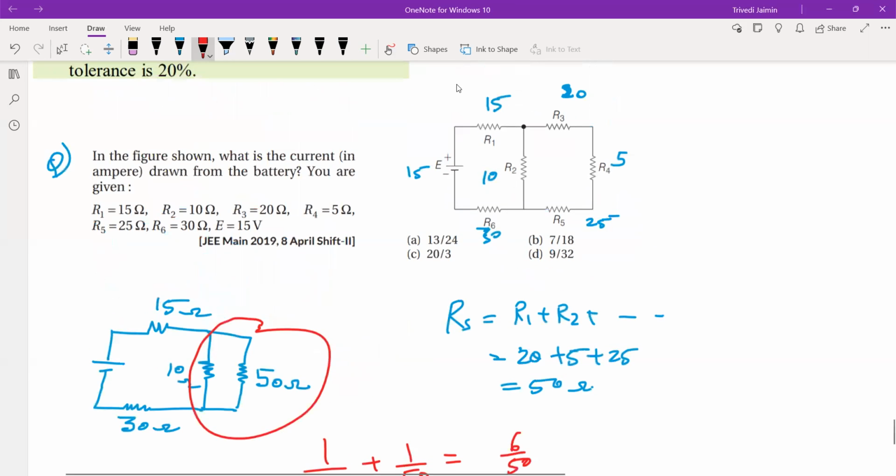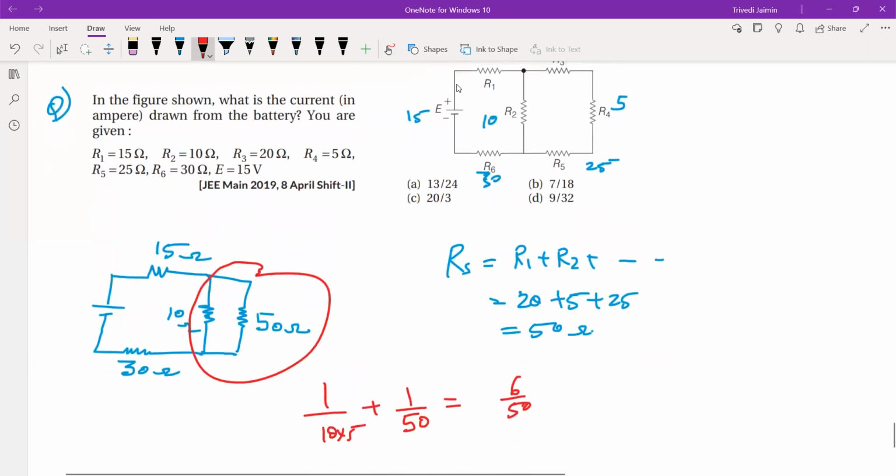What are they asking, by the way? How much current? What's the current? Right, that's what they're asking. Option C, let me check. No, it is option D. 50 by 6 we got here. R equals 50 by 6.